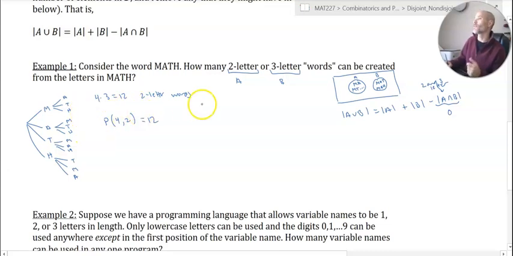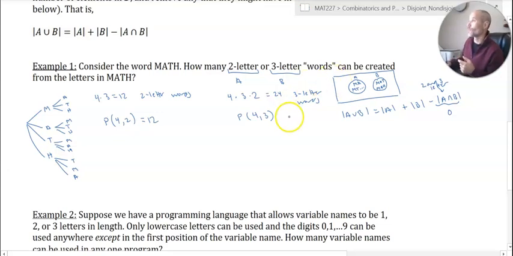Now, if we do the same thing for 3-letter words, the only difference is going to be there will be 4 possibilities for the first letter, only 3 for the second, and then because we've used up 2 letters, there are only 2 letters remaining. So there would be 4 times 3 is 12, times 2 is 24 3-letter words. And again, you could do permutation 4, 3, so that would also give you 24.